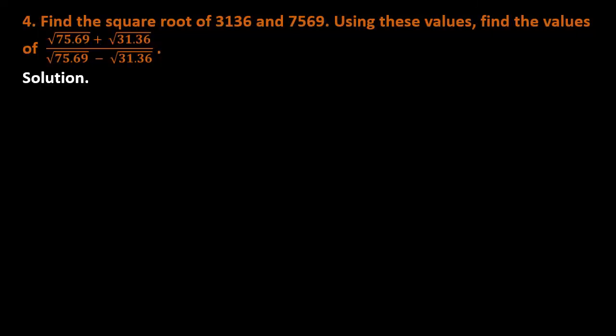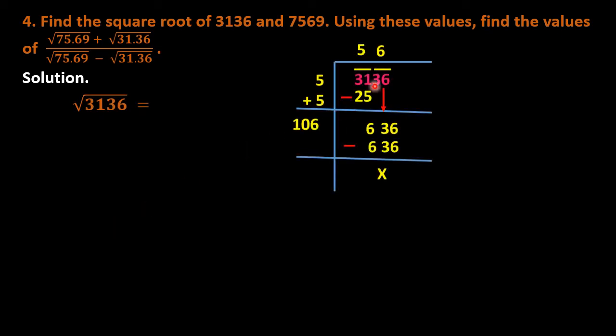Now let me solve question number 4, and the question is, find the square root of 3136 and 7569. Using these values, find the value of this expression. At first let me find the square root of 3136 using the long division method. Here I have calculated the square root using the long division method, and I have got 56.